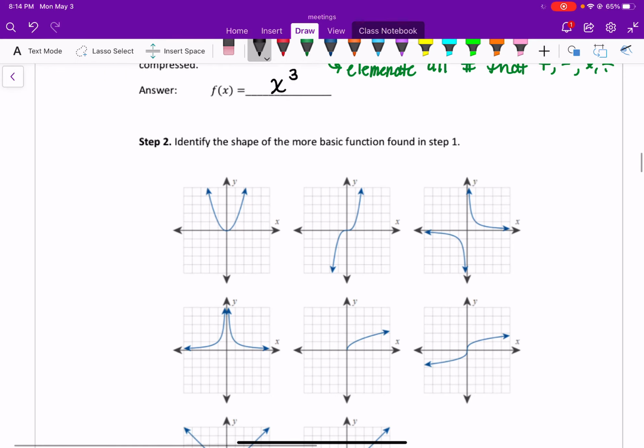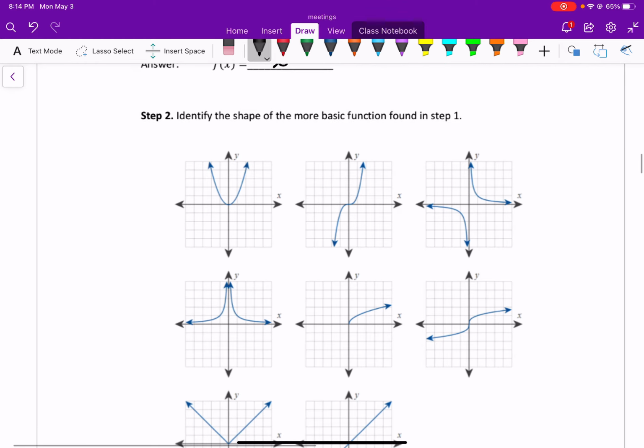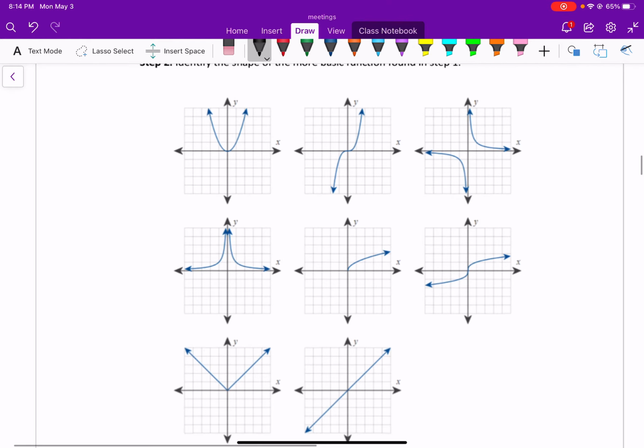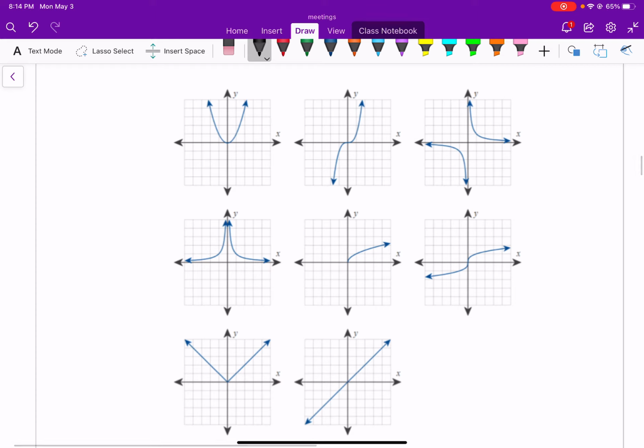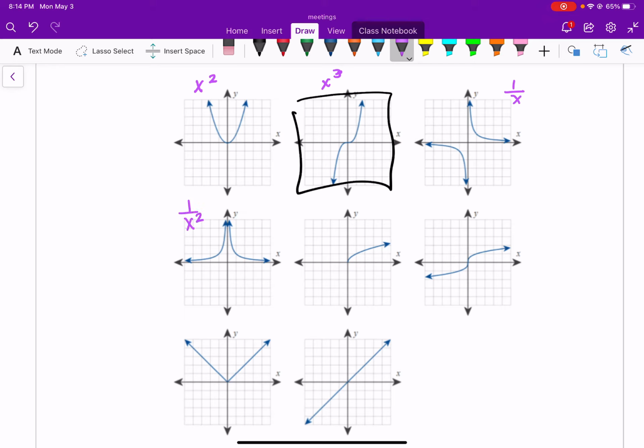Okay. So the second one, we just want to identify the shape of the basic function. So just going through the shapes that we have here, just as a reminder. This guy here is our x squared. This guy here in the center is our x cubed, which happens to be our answer on this one. This one over here is 1 over x. On our second row, this first one is 1 over x squared.